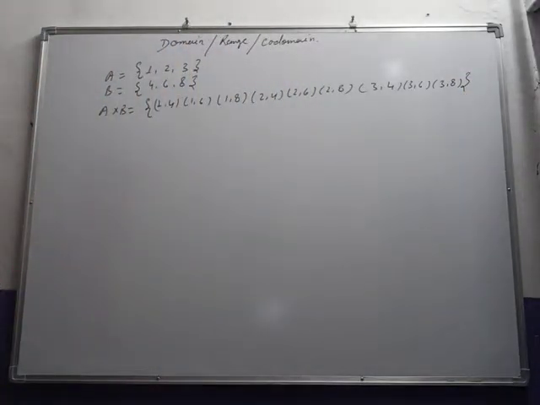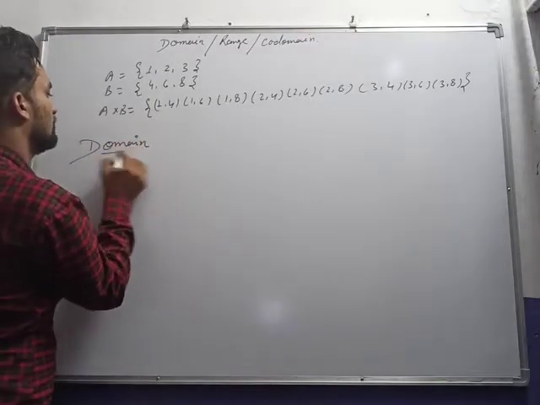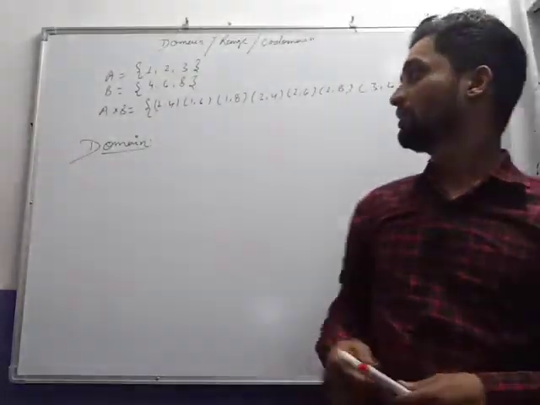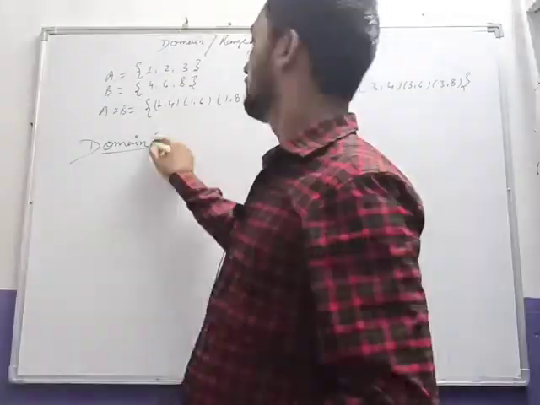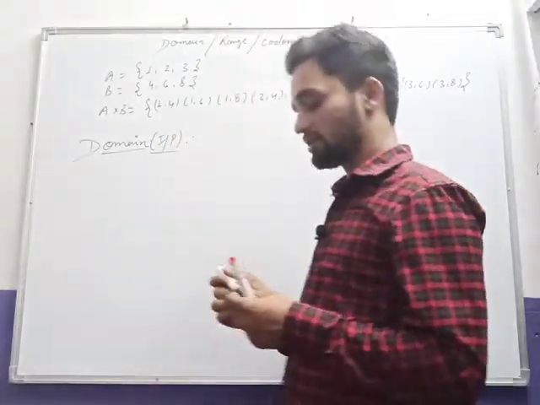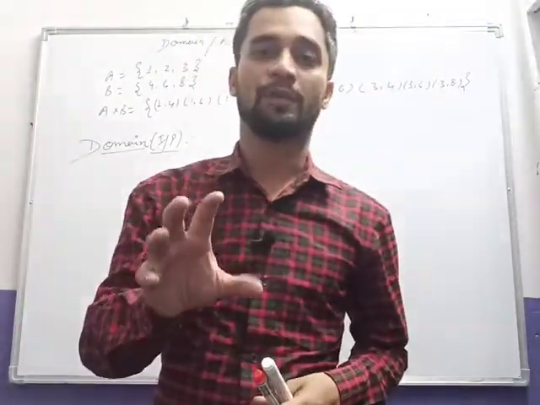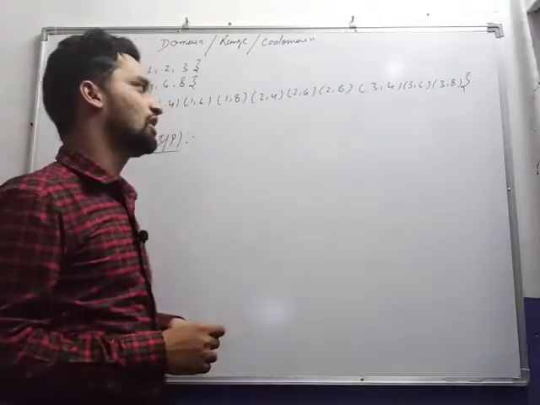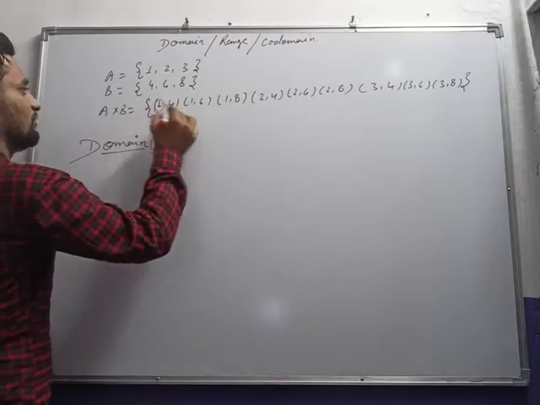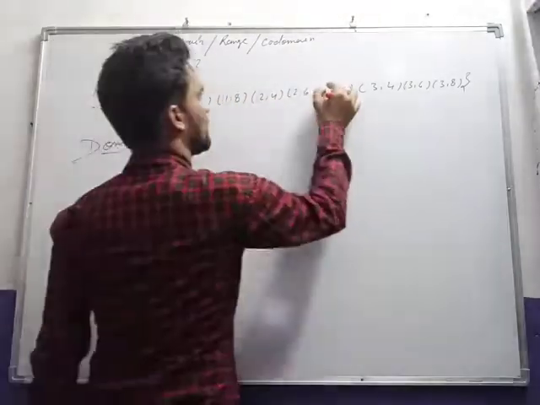So the first point is what? The very first point is domain. As in the introductory video I told, domain is nothing but input. You just consider it as input if you want to remember what domain is. So domain is the first element of your ordered pair from the relation or from the Cartesian product.